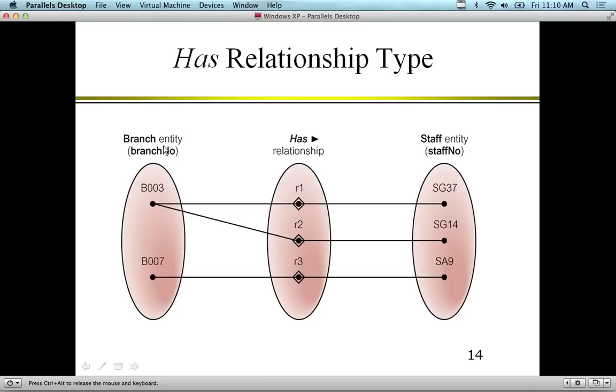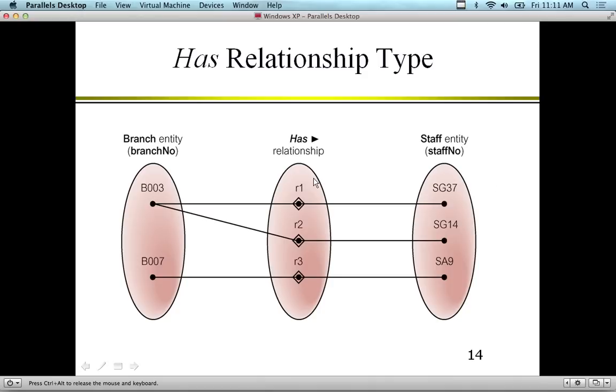So here we have a branch entity, a staff entity, and a relationship. Most people ask, how in the world do we identify the relationship? Well, we have a has, or a takes, and you saw before I kind of changed the relationship around. It should work in both directions, but it's going to read awkward. I can say staff has branch. No, not really.